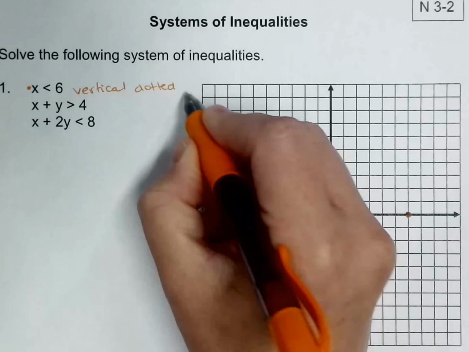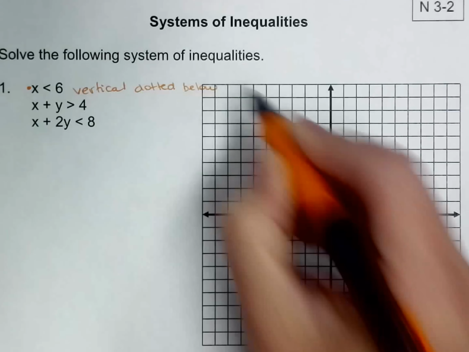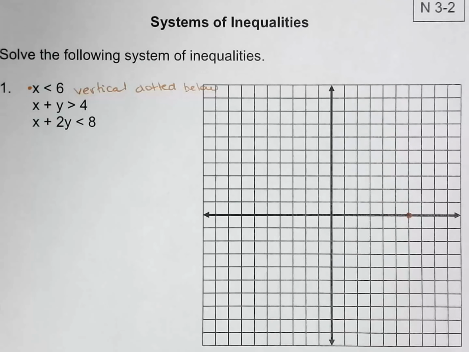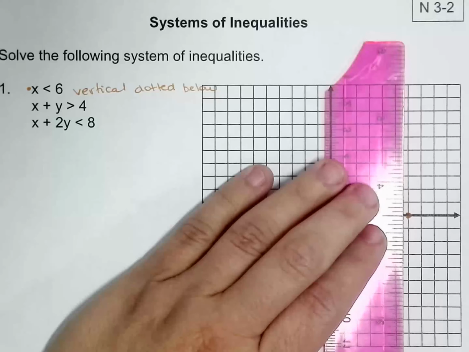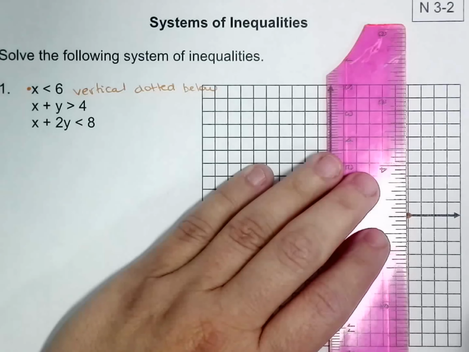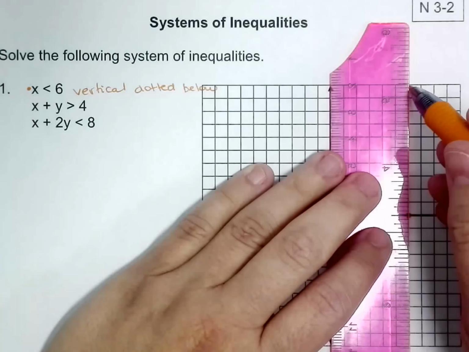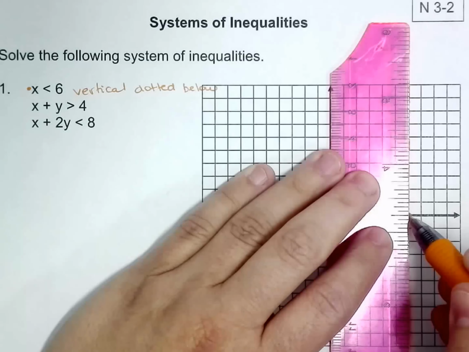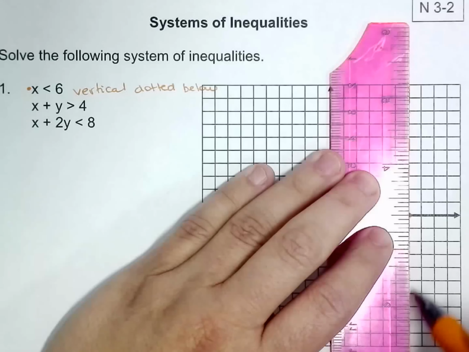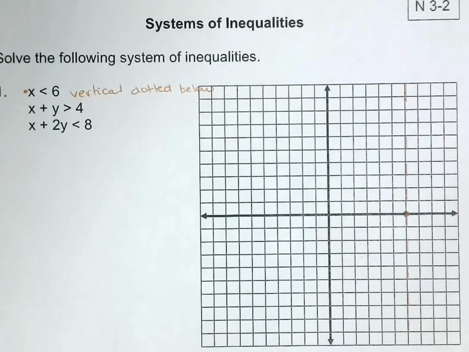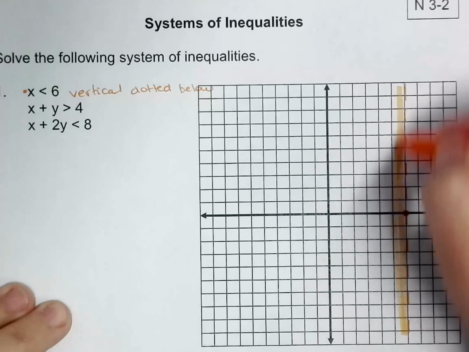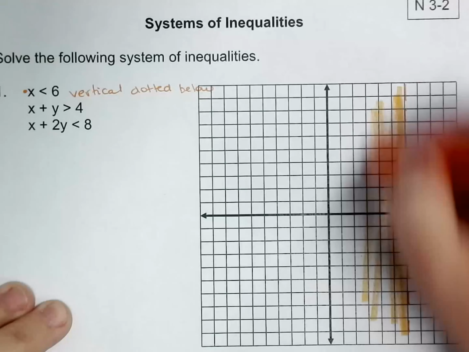And I'm going to shade below, or everything that is less than 6. So dotted line. And you're going to shade where it's less than 6. And this part right here is less than 6.